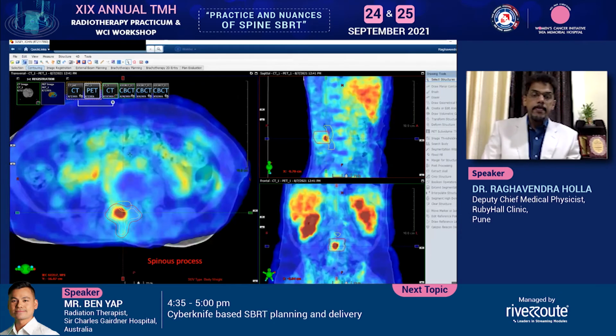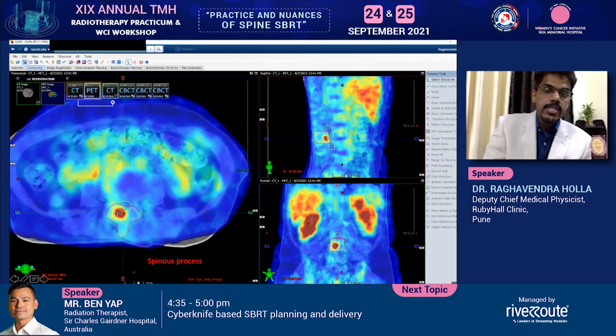And this is another, the spinous process instead of the vertebral body. The whole of the spinous process has been covered in the target. If you see this particular area here, with the uniform margin of 2 mm that we have given, it gets inside the spine. So what we did is we trimmed here by about 1 millimeter away from the actual spine.